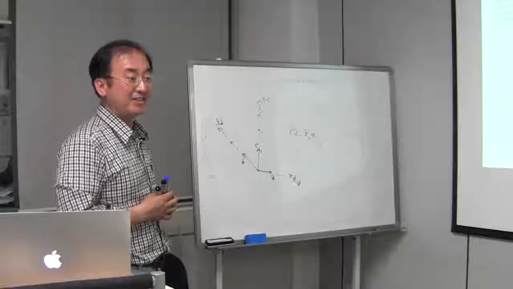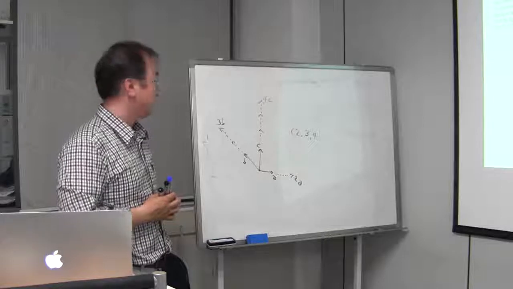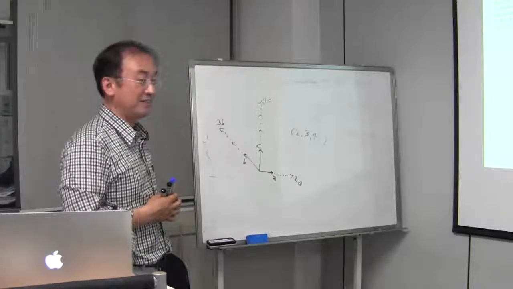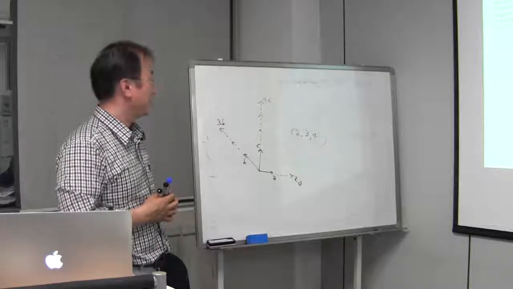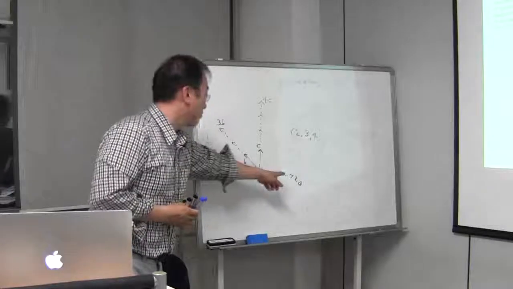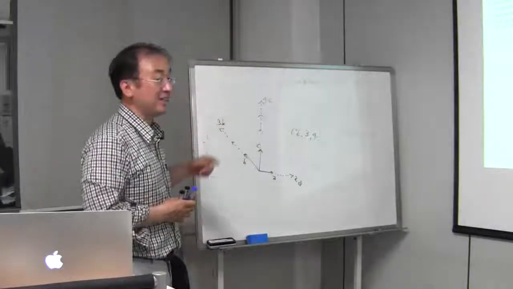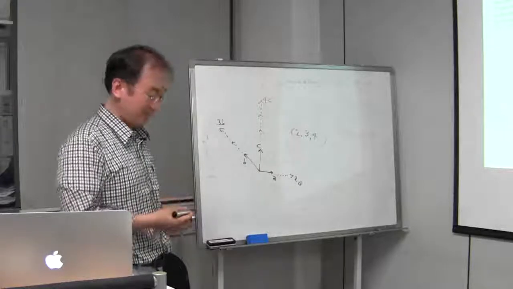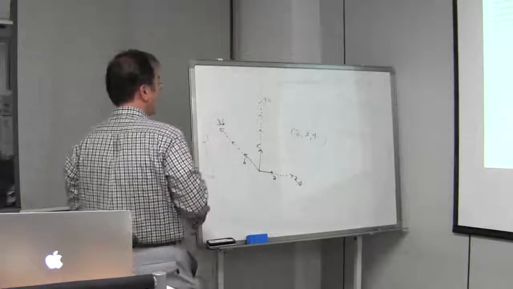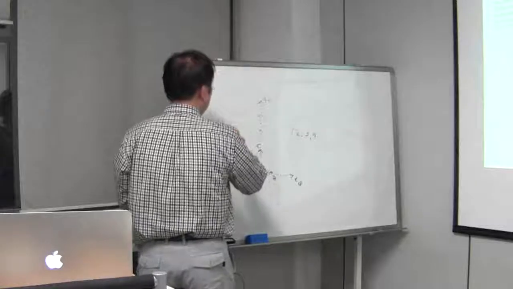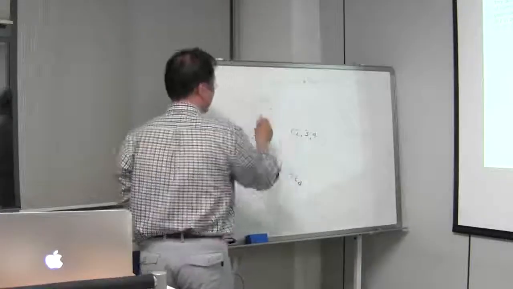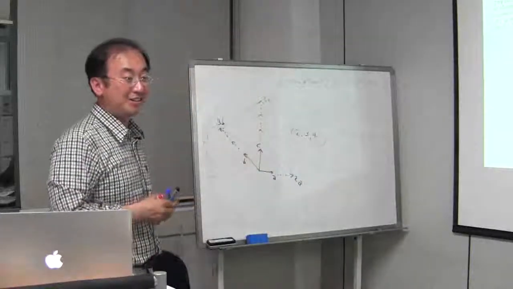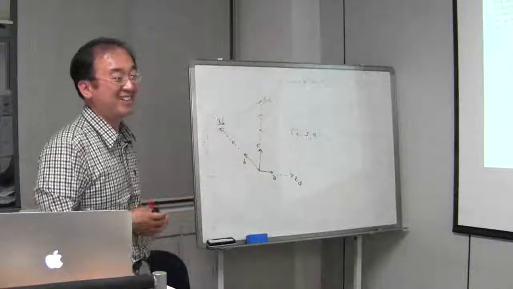We take 2 along A, 3 along B, and 4 along C. We already took 2A, 3B, and 4C, and then we connect these three points. Yes, connecting three points, it becomes the 2, 3, 4 plane. Simple. Nothing else.